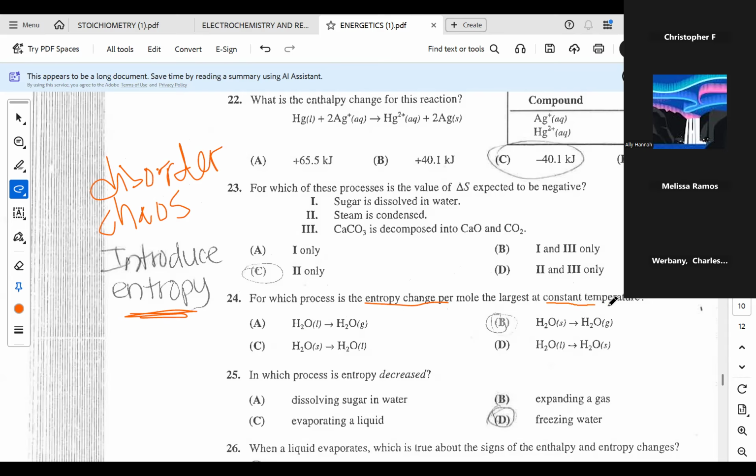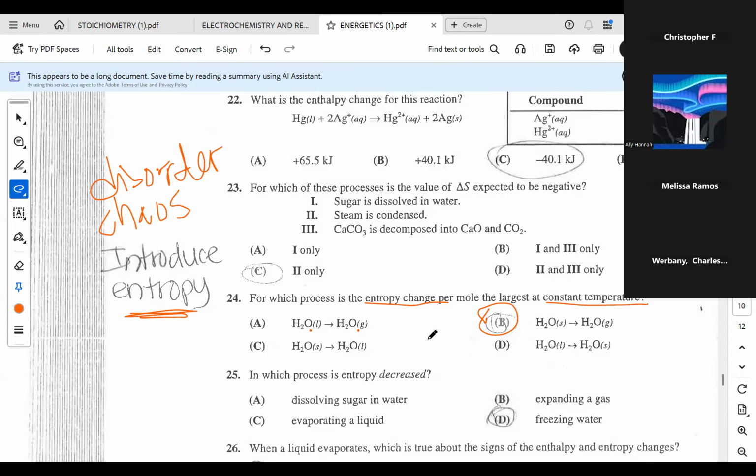We're told we have constant temperature, so we're not heating up or cooling anything, but we do see some phase changes here. In A, we have a liquid going to gas. In B, which is the correct answer here, we have a solid going to gas.